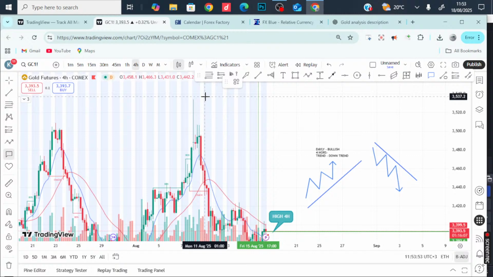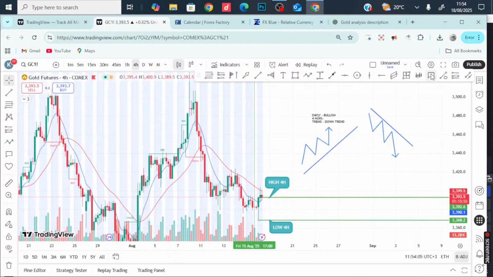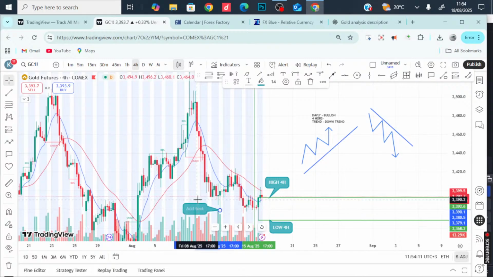So here the market was at a high, then it went down to a higher low, then it moved back, went from high to lower low, sorry, to lower low to higher low.